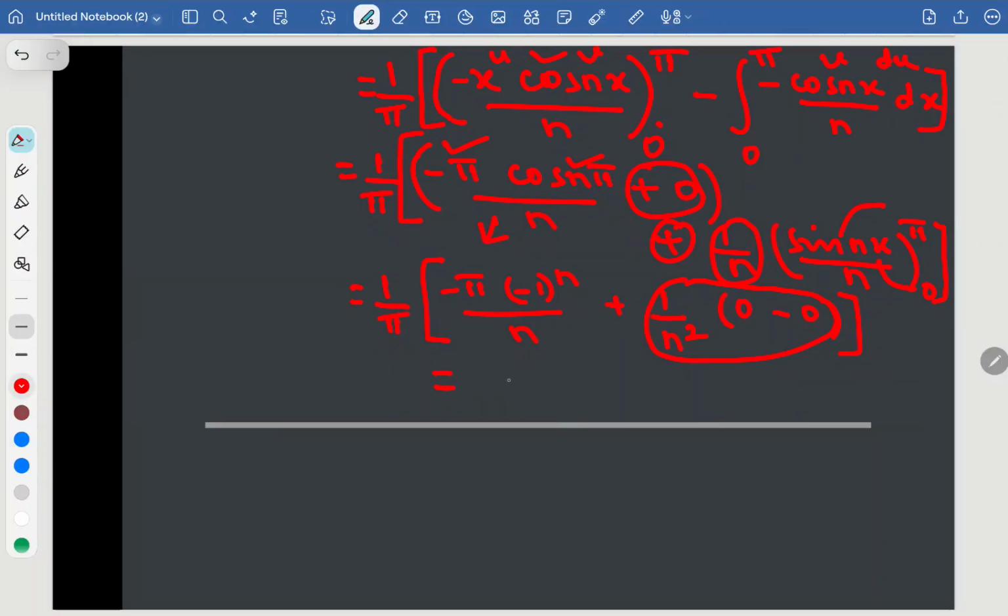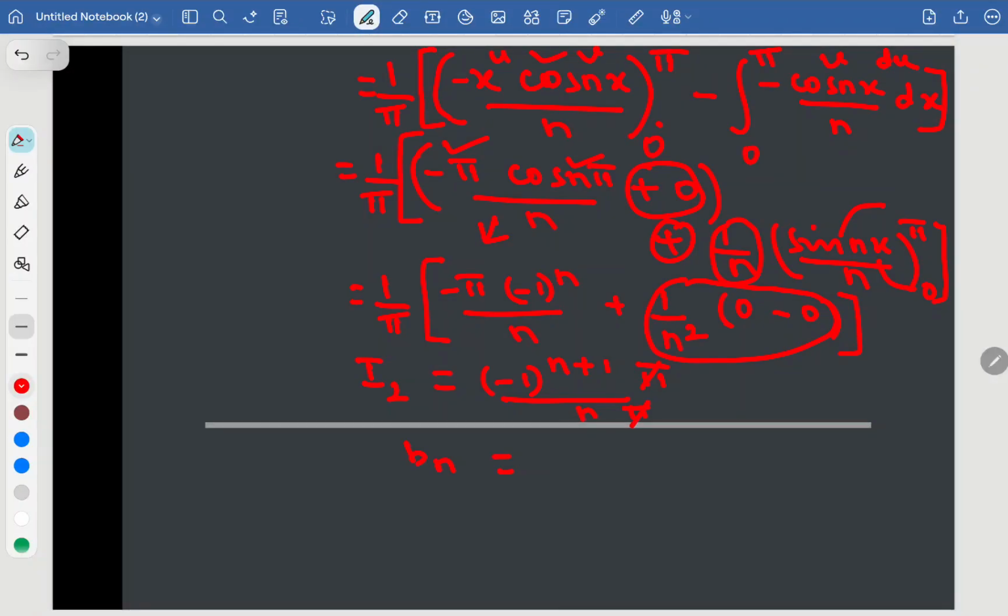Now simplify, minus of minus 1 power n becomes minus 1 power n plus 1 divided by n pi. Both these terms will get cancelled. This is I2 for Bn.